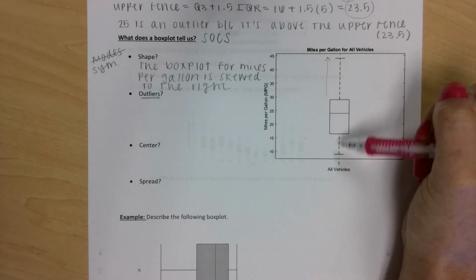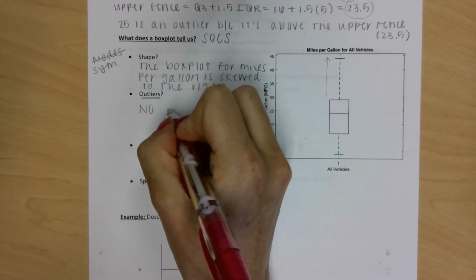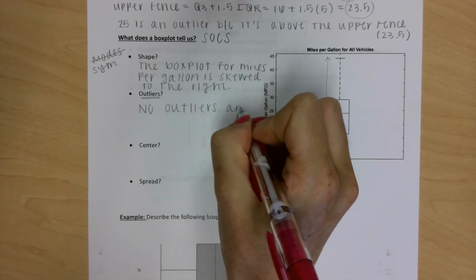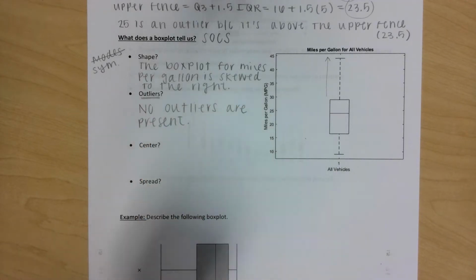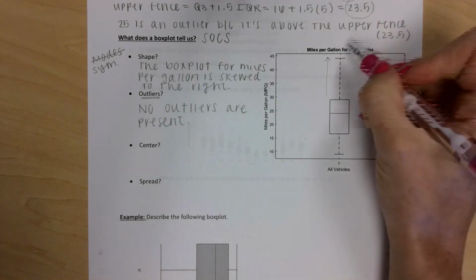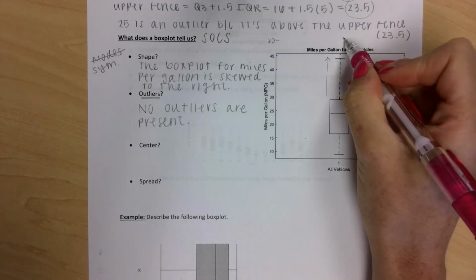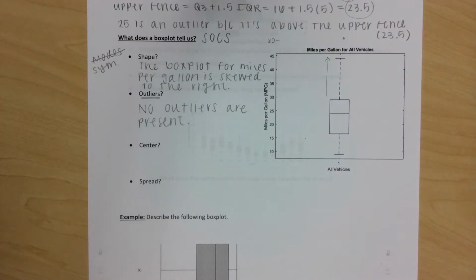There are no random points here, so there are no outliers present. If there was an outlier present, you would want to take a minute and describe what that outlier is. So maybe I had a dot way up here at 60. I would then say there's an outlier at 60 miles per gallon.